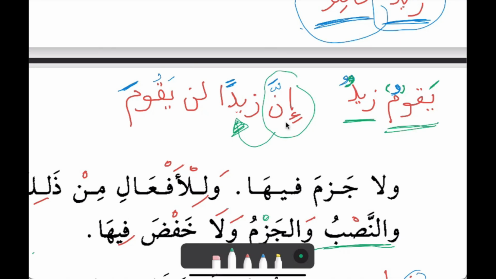It has the power to put, this one in particular, a noun into the state of nasb. Inna Zaydan lan. Also, lan is an accusative particle and has the power to put the verb into the state of nasb. If you're going to call it accusative in this case, because it's a verb though. Inna Zaydan lan yaquma. Indeed, Zayd shall not stand.